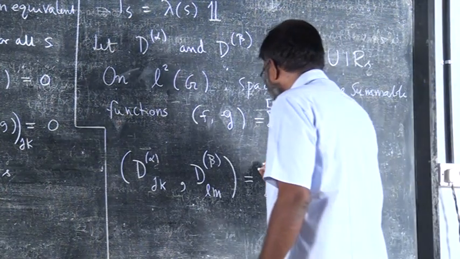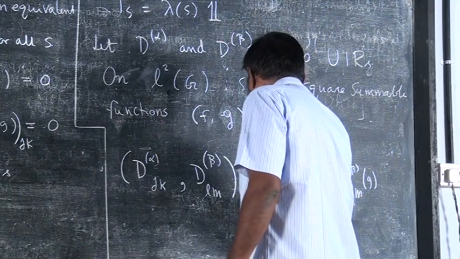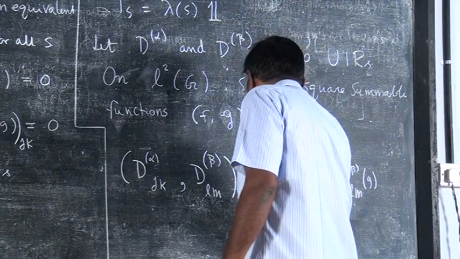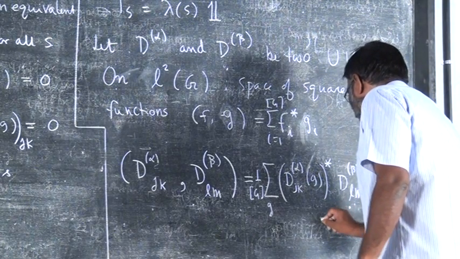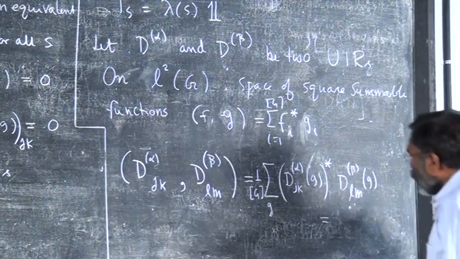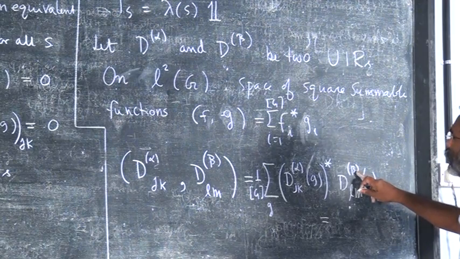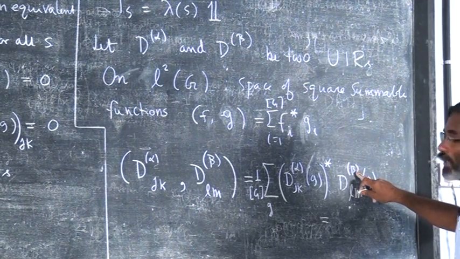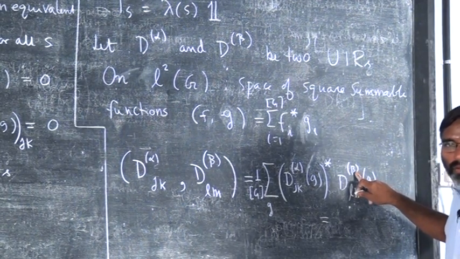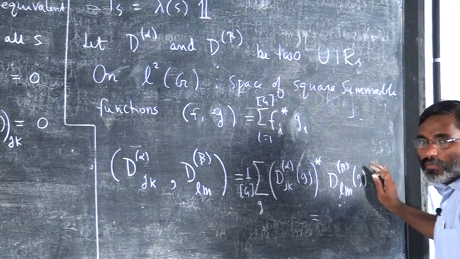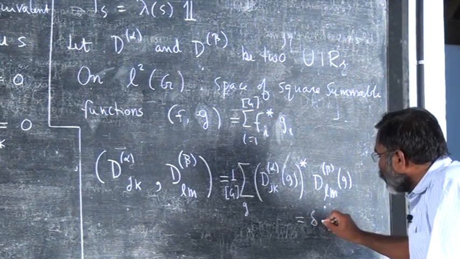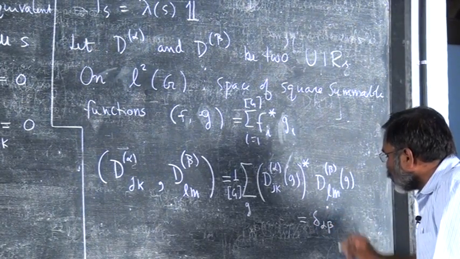Okay, and we define this 1 over G here. It is equal to, if alpha is different from beta, then they are not equivalent, they are two inequivalent representations, then this is equal to 0. So, first will be delta alpha beta.